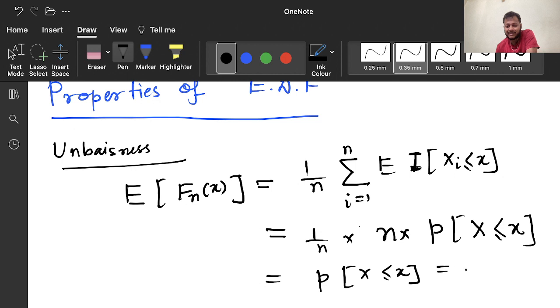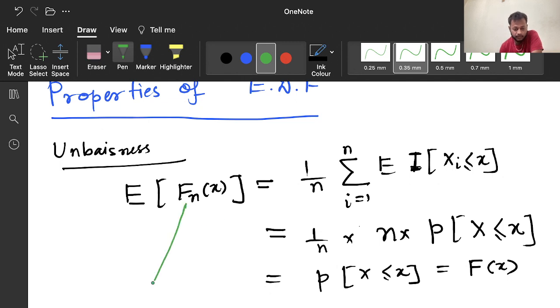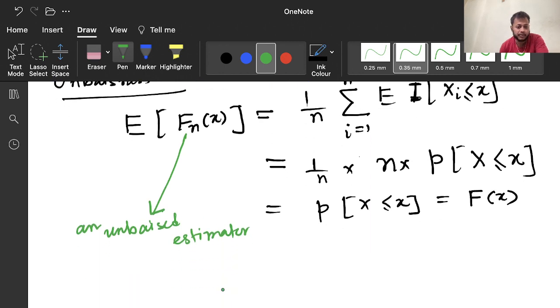And what is this? This is nothing but F(x). So you see that the expectation of F_n(x) is indeed F(x). That means F_n(x) is an unbiased estimator. Now let's check if it is consistent or not.